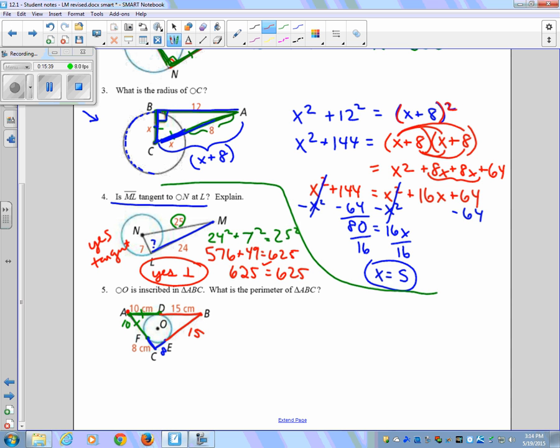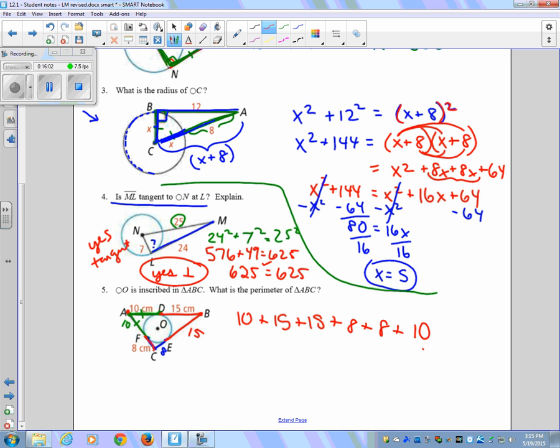Start at point A. We go A to D is 10, plus D to B is 15, plus B to E is another 15, plus E to C is 8, plus C to F is another 8, plus another 10.